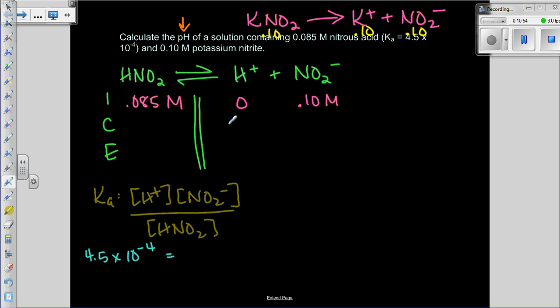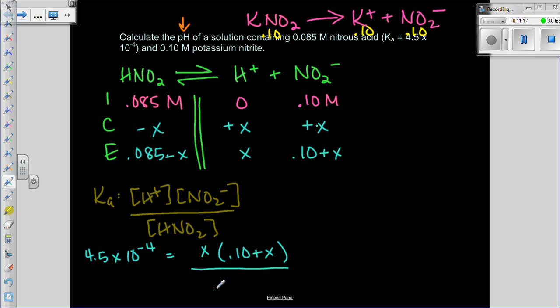This reaction will go in the direction of the zero. So the product side will go up by x. The reactant side will go down by x. I will get 0.085 minus x, x, and 0.10 plus x. Don't forget that you've got something here. So when I substitute, I'm going to have x times 0.10 plus x divided by 0.085 minus x.